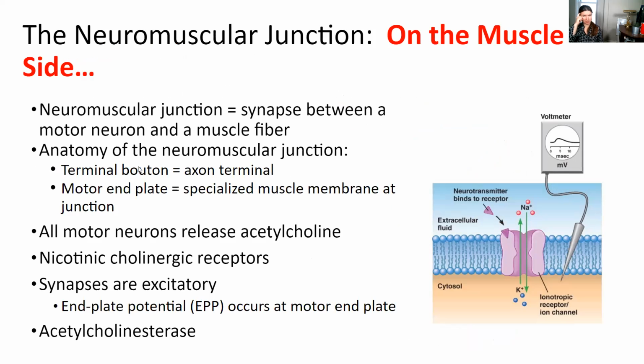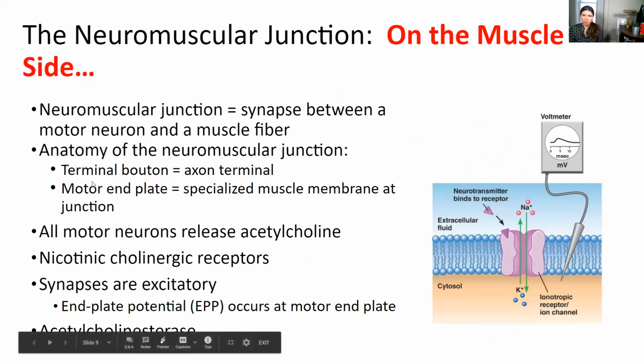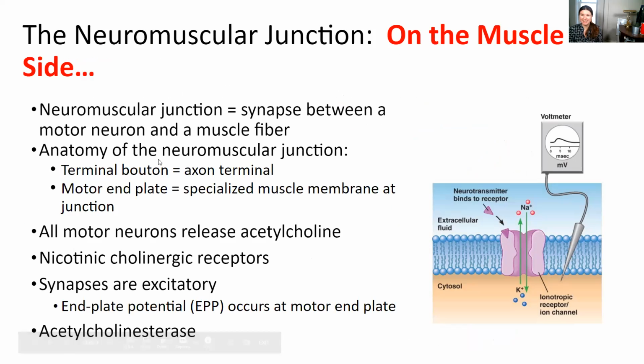I want you to think in your mind right now. So terminal bouton is what we're calling the axon terminal, the ending where we're releasing neurotransmitter for our somatic motor neurons. Part of the reason we want to have a special word here is we had a sort of special and different situation in our autonomic motor neurons, right?